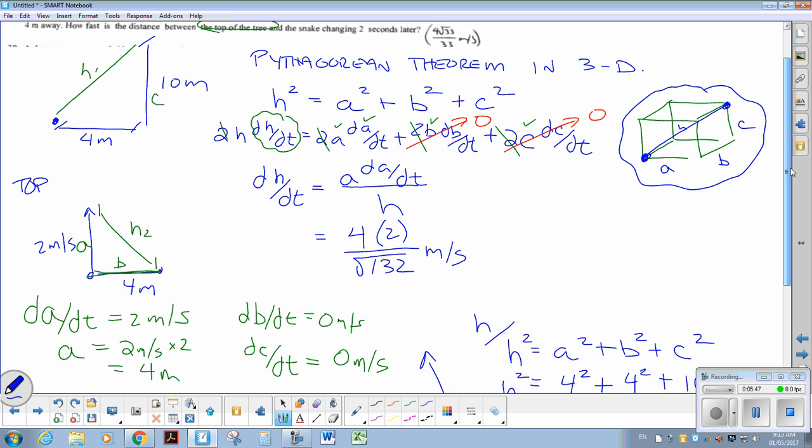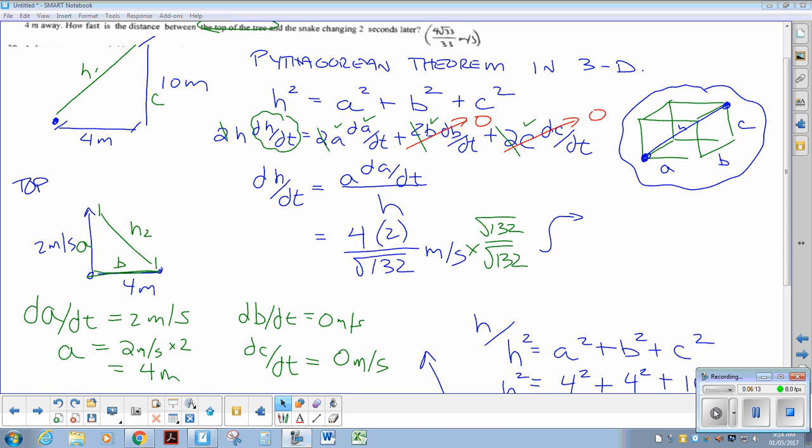Does it match up with the answer provided? No, they've done some calculations here, just reducing or working with that radical. At this point in time, you've got the full marks for calculus. Just for the pure mathies, we'll work it down a little bit further. If I multiply top and bottom by the square root of 132, and again, I apologize for the mess here.